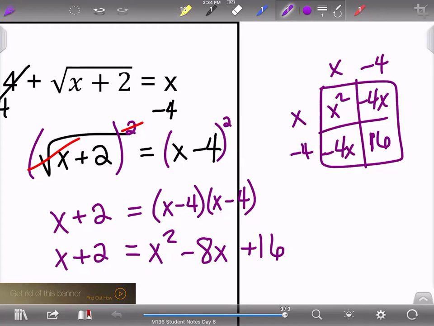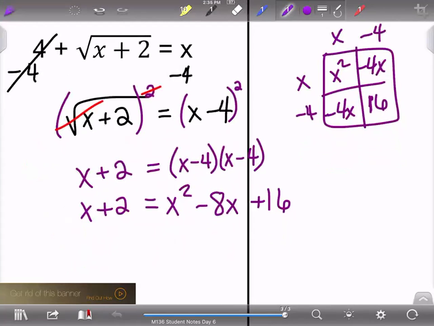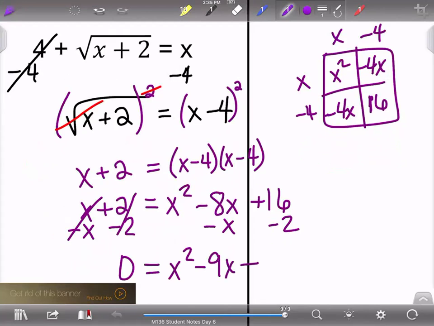So I want to subtract the two terms from the left to move them to the right. So I want to subtract x and I want to subtract 2. So that gives me the quadratic x squared minus 9x plus 14.